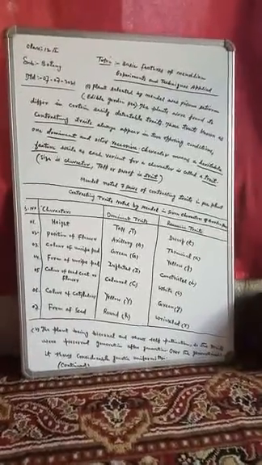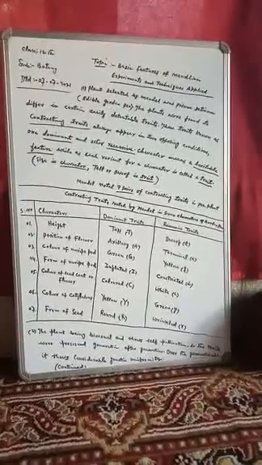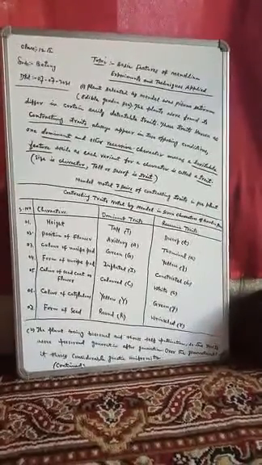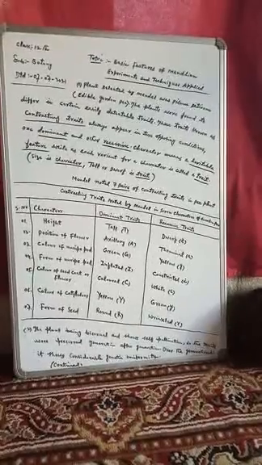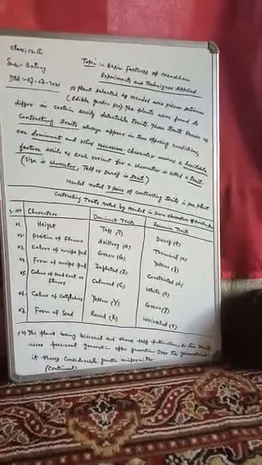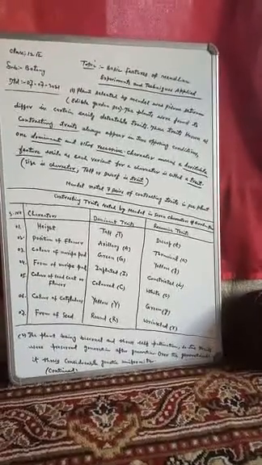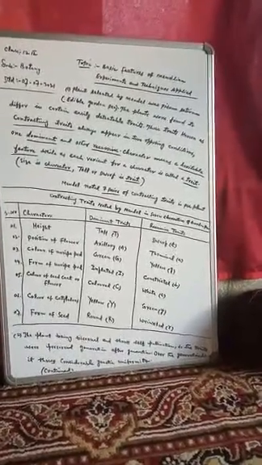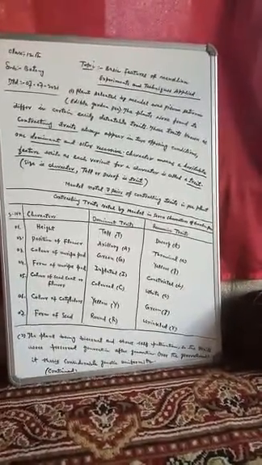the basic features of his experiments are: number one, the plant selected by Mendel for experimentation was called Pisum sativum, or in general English we can call it the edible garden pea. The plants were found to differ in certain easily detectable traits.